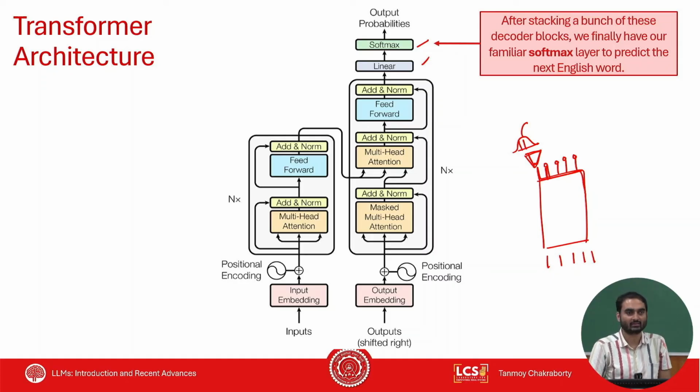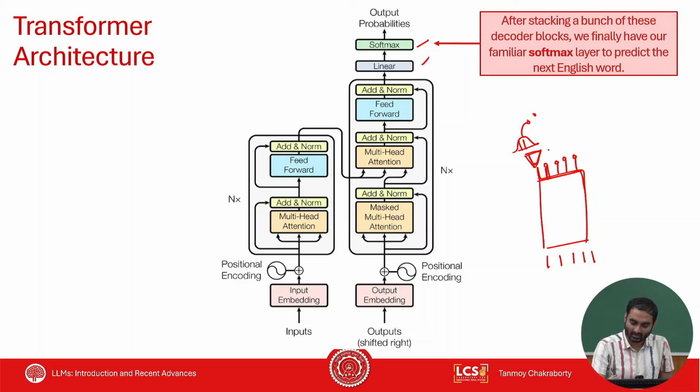If it is deterministic, you use a greedy approach: you take the token which has maximum probability. You also know the ground truth token at that position, because in the training set you already have the translated version. So you can compute the error, some sort of cross entropy error, and that gets back propagated.